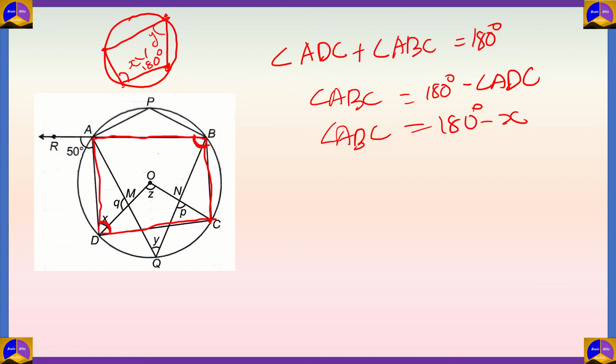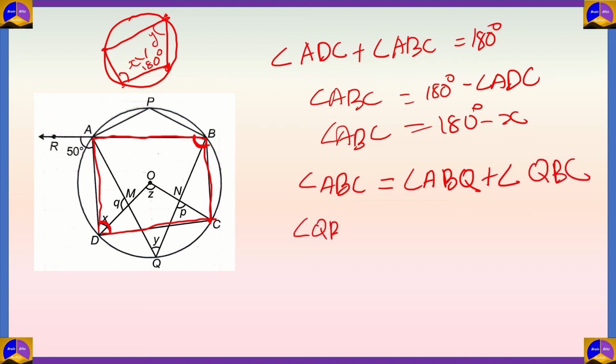Now this angle ABC can be divided into QBC and ABQ. So angle ABC is also equal to angle ABQ plus angle QBC. So angle QBC would be equal to ABC minus ABQ.